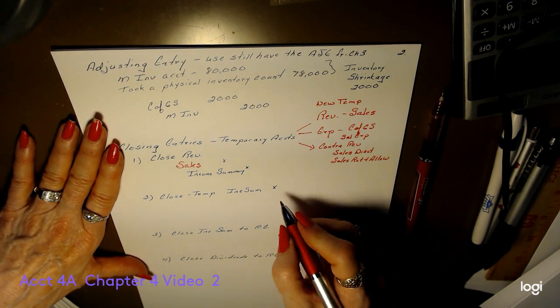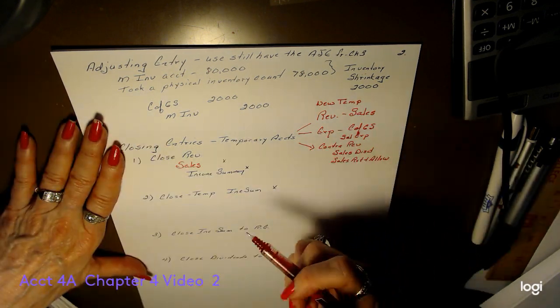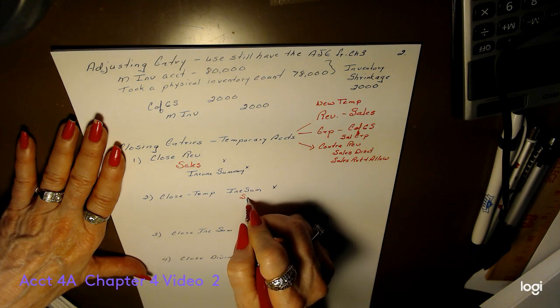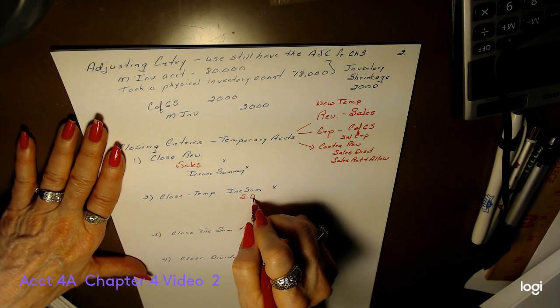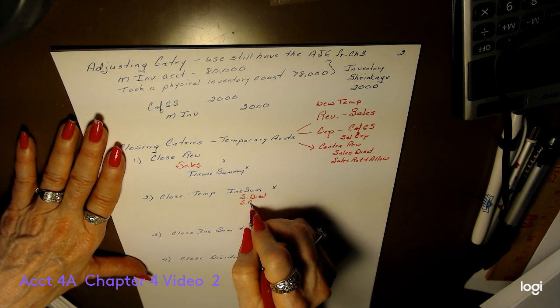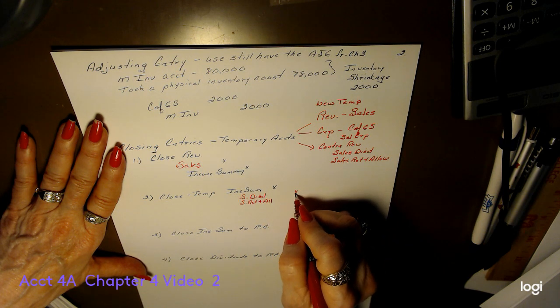So what we're going to do is, and the order doesn't really matter, but we're going to credit our sales discounts, our sales returns and allowances.